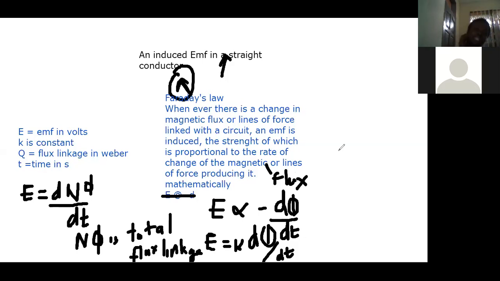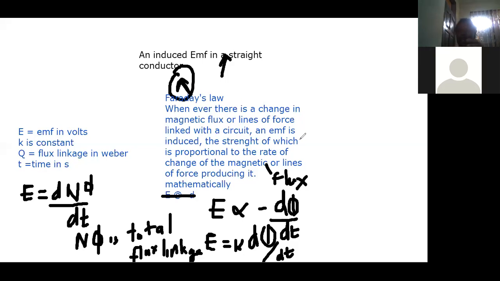So it simply means that in a field, anytime there's a change in magnetic flux, an EMF is induced. That means there's an added EMF, or an EMF is induced. And the strength is proportional to the rate of the change of the magnetic flux.